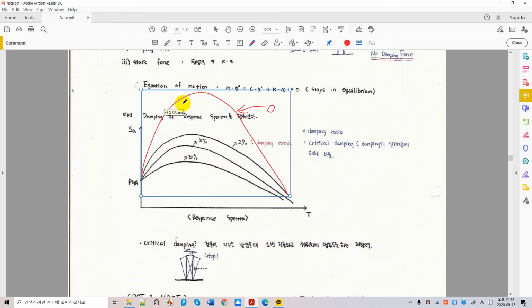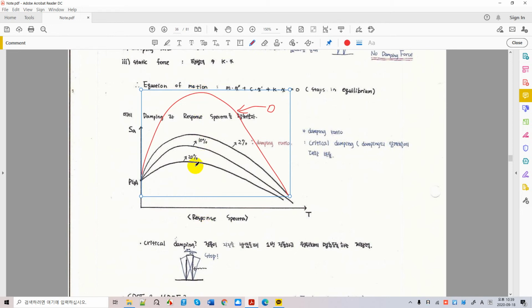If you have your building on very stiff rocks and stiff soils, then this will be around 0.2 to 0.5 seconds at T. But if you are in very flexible soil, then your peak will correspond to like 1.5 seconds to 2 seconds.